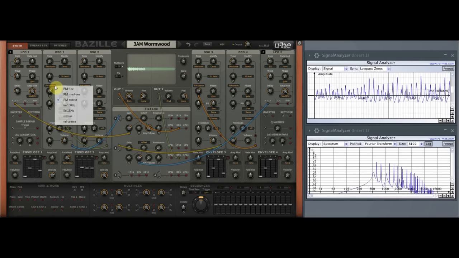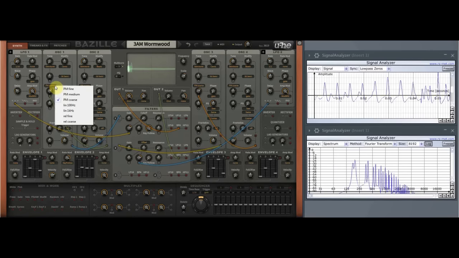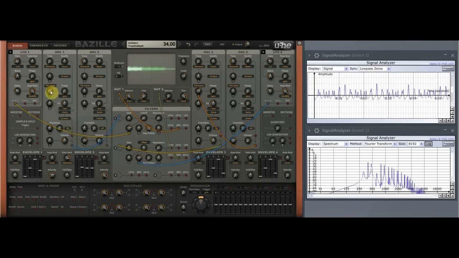It is phase modulation with PM coarse chosen as modulation mode to get maximum modulation depth. The knob regulating the influence of the modulator, here of oscillator 2, is set to plus 34 units, which is about a third up right.